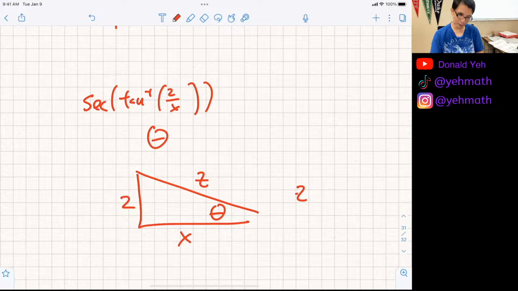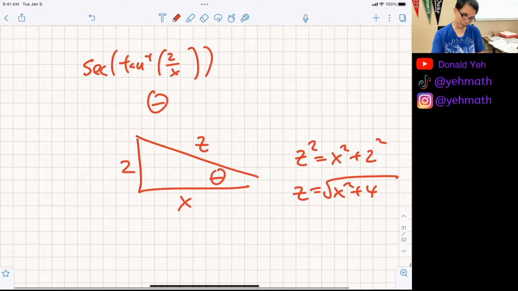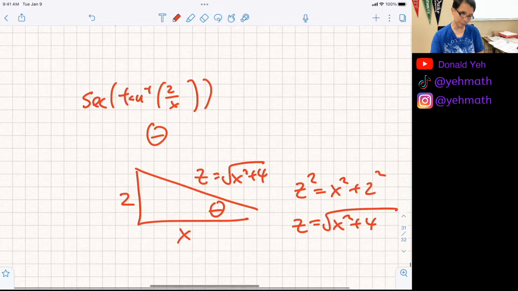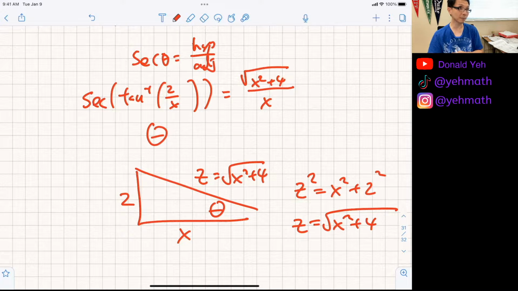So z squared equals x squared plus 2 squared, so z is equal to the square root of x squared plus 4. Now secant of theta is equal to hypotenuse over adjacent. The hypotenuse is square root of x squared plus 4, and adjacent is x. And that's the final answer.